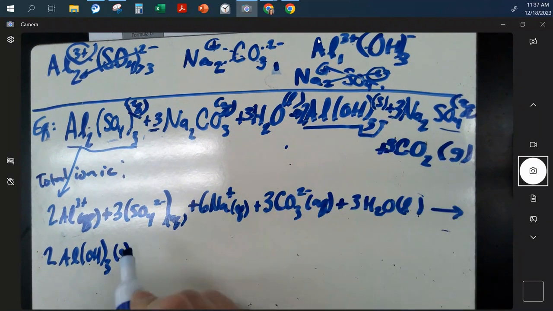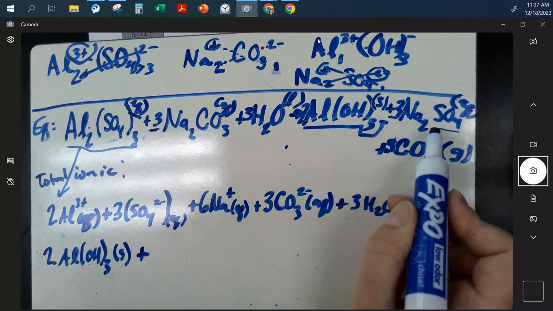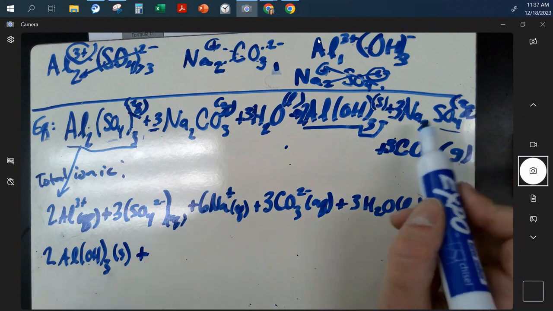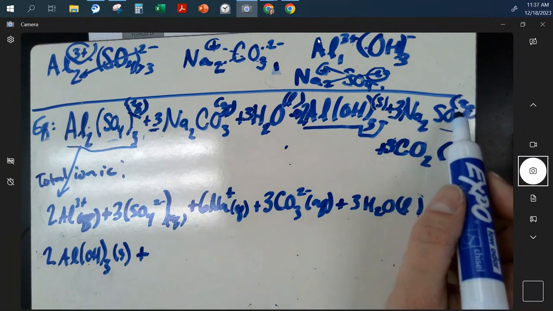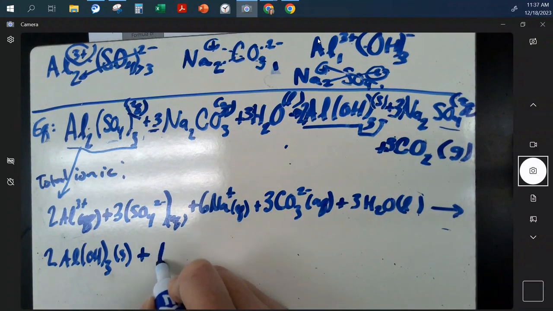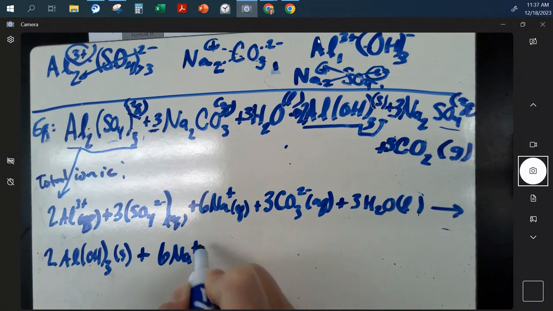Okay. And then we have this one. This one's aqueous. Sodium sulfate. So we can put this as its ions. We got 6 Na pluses. That's aqueous.